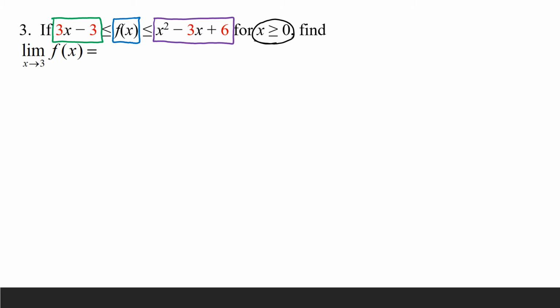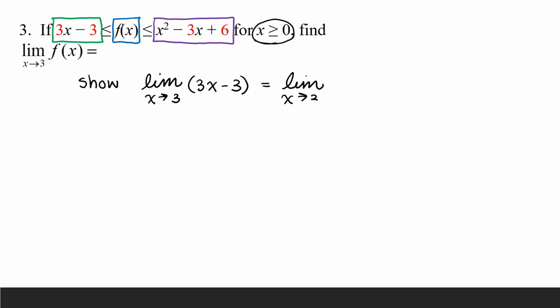So the next thing that we need to do is show that the limit as x approaches 3 of 3x minus 3 is equal to the limit as x approaches 3 of x squared minus 3x plus 6.